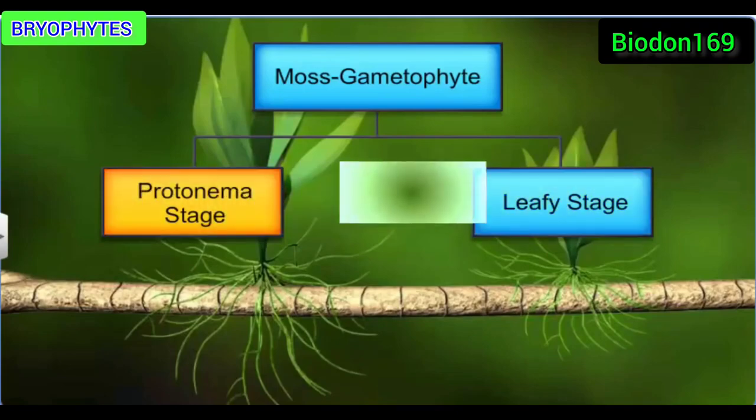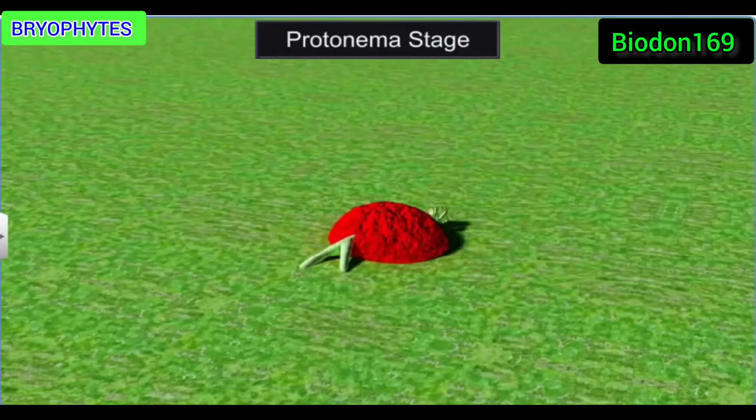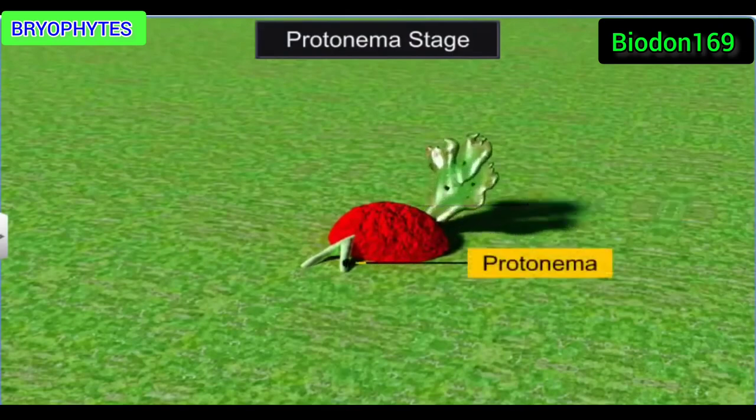In the protonema stage, the spore develops into a protonema, a thread-like chain of cells. The protonema is creeping, green, branched, and filamentous.